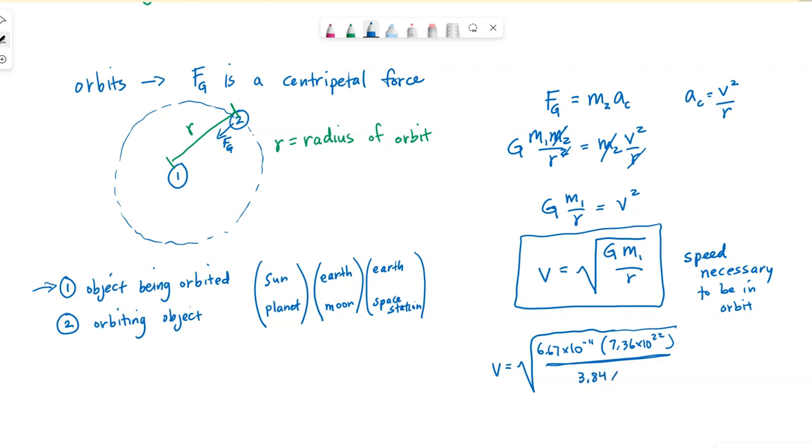The distance between the moon and the Earth, at least on average, was 3.84 times 10 to the 8th.